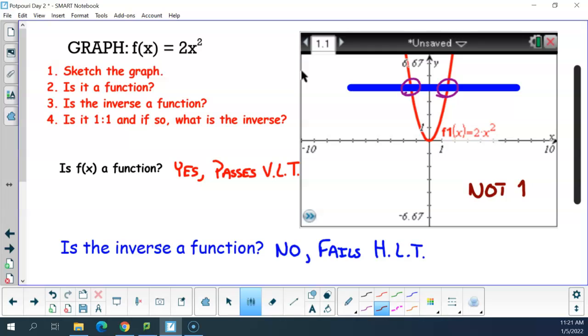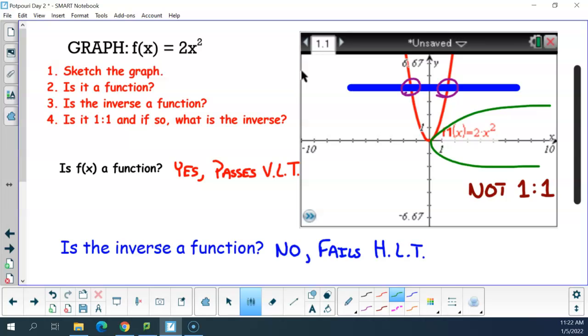What would the inverse look like on the graph? Of this one, it would be a, let's see. Wait, so that would pass it? That wouldn't be a function. It passes as an inverse, but not a function. The green one, what I'm looking at, is not a function, but the inverse is a function.